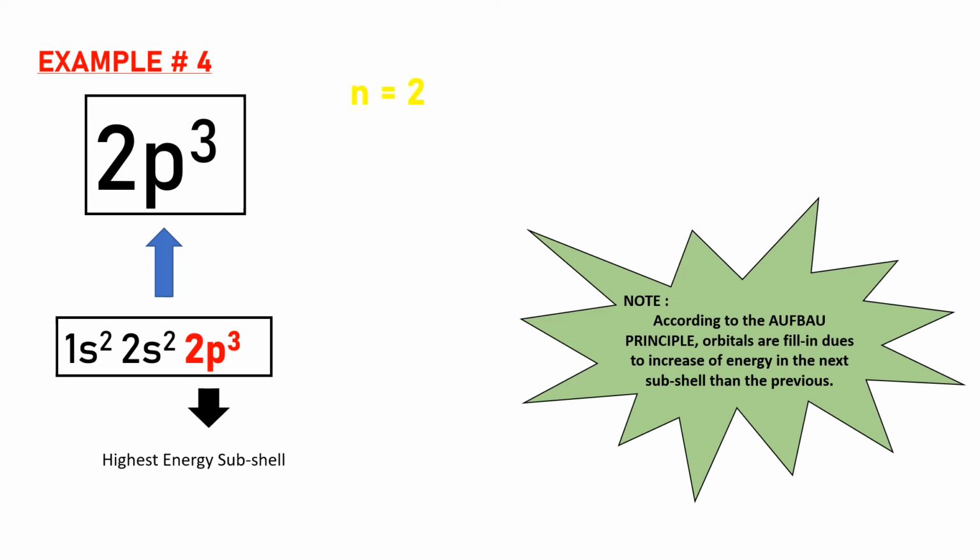So for 2p3, you have n is equal to 2. And then for your L, you have 1, since p is equivalent to 1. So this is ranging from -1 to +1. After that, you can already have the arrow.